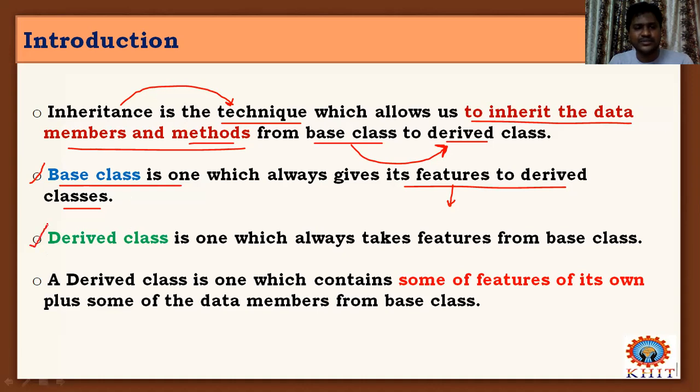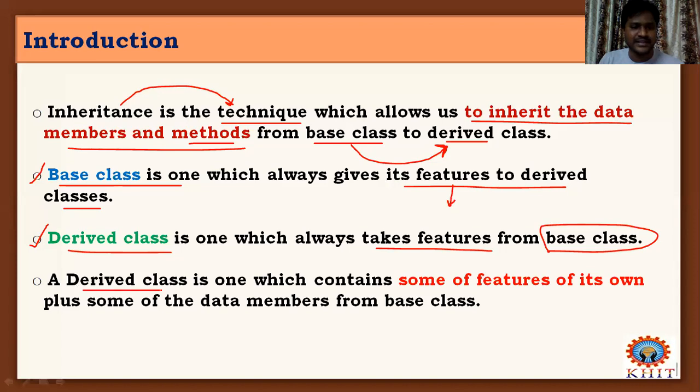Whereas coming to the derived class or subclass, the class which is inheriting the properties of the existing class, the derived class is one which always takes features from the base class. So it always accepts and takes features from the base class. Next one.